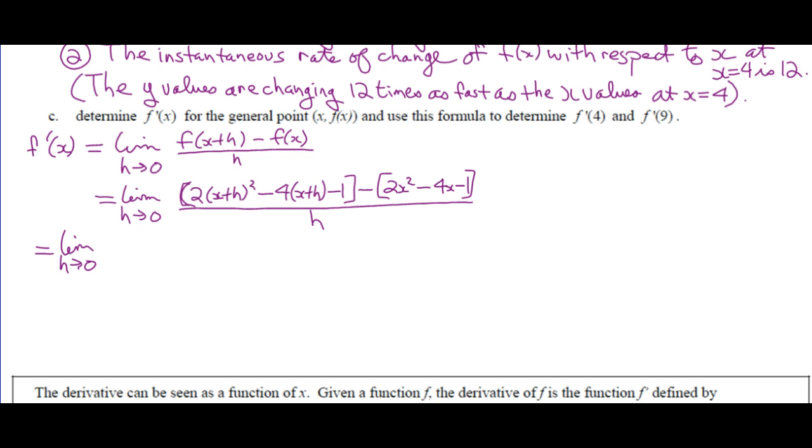We got 2x squared plus 4xh plus 2h squared minus 4x minus 4h minus 1 minus 2x squared plus 4x plus 1, over h.